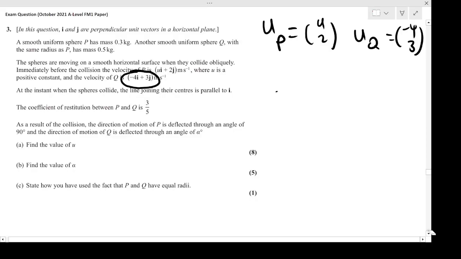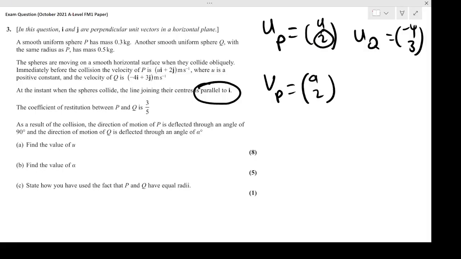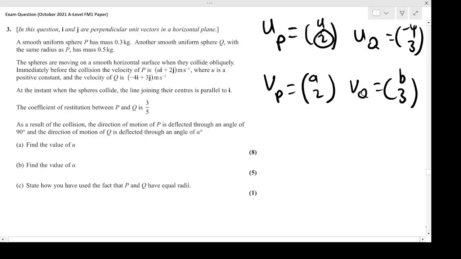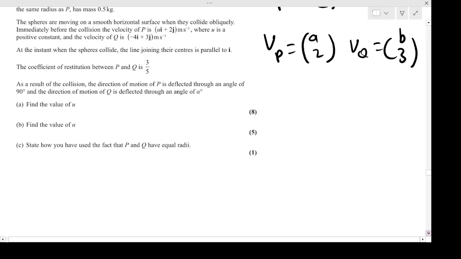And so I want to work out the velocities afterwards, right? So I want VP, and for VP, again, I'm parallel to I, so immediately the J components are going to remain the same. So it's going to be A, 2, some number A, and then VQ is going to be B, 3. Hopefully you can see that, right? Again, the J parts remain the same because we're parallel to I.